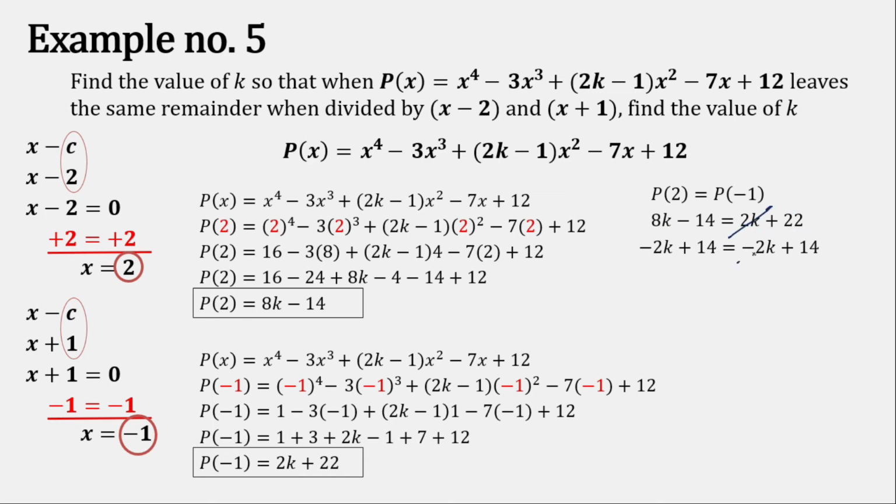That will make this cancel out, and this will cancel out. Now, 8k minus 2k is 6k, then 22 plus 14 is 36. Now let's divide both sides by 6 to single out k. So the value of k is 6.